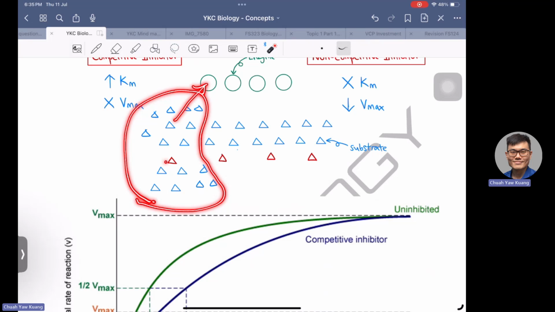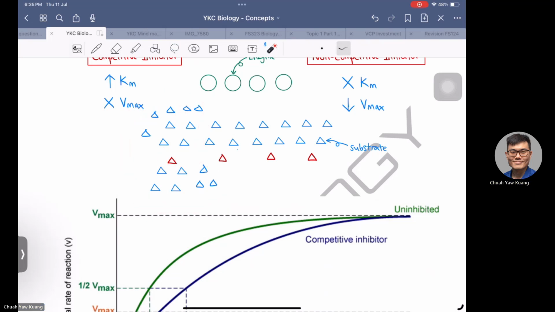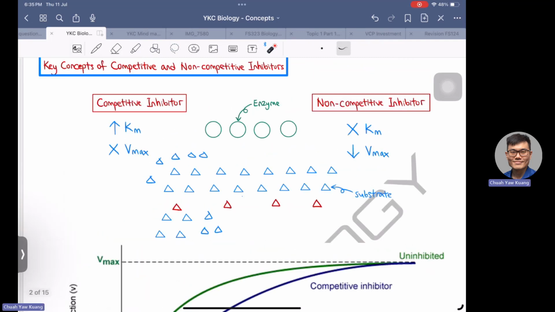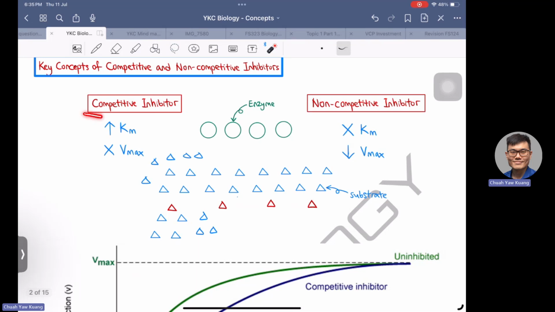In that case, yes, we will reduce the chance of this competitive inhibitor to bind with the active site. So by doing this, the reaction still can achieve the maximum rate. Because of this, the competitive inhibitor will increase the Km, but not the Vmax.